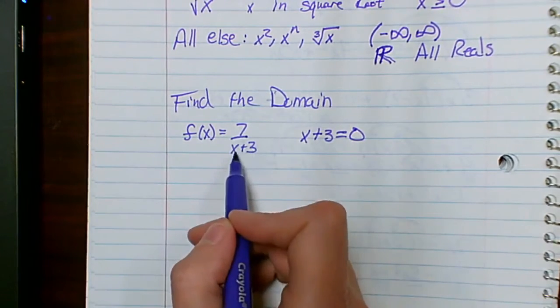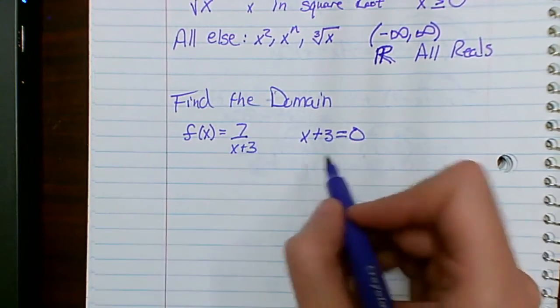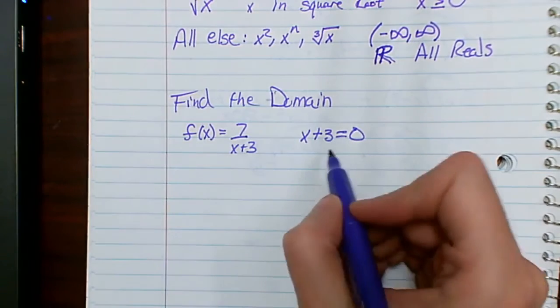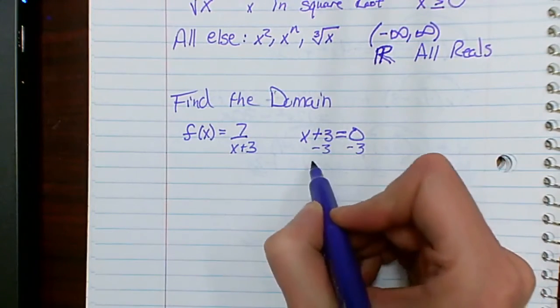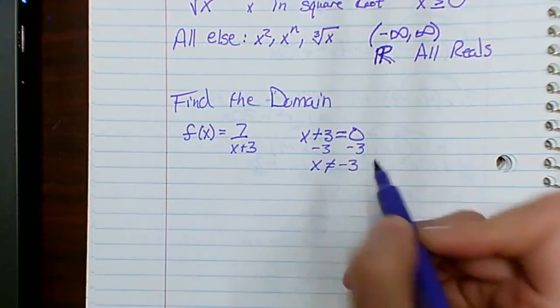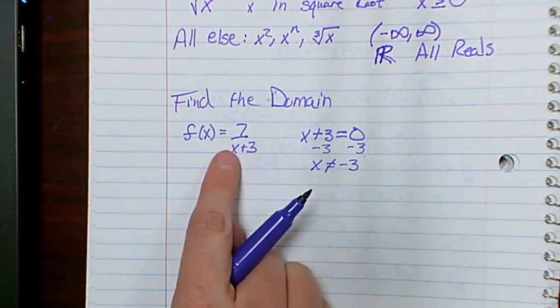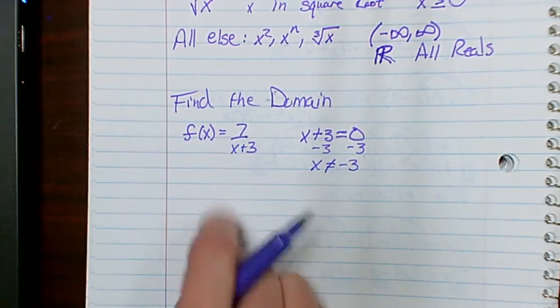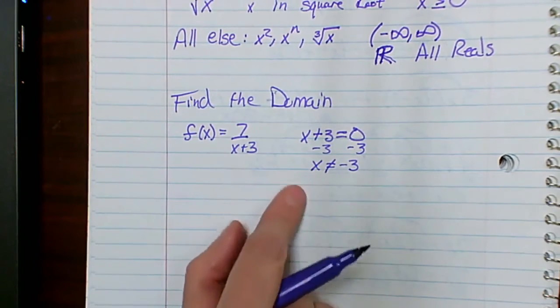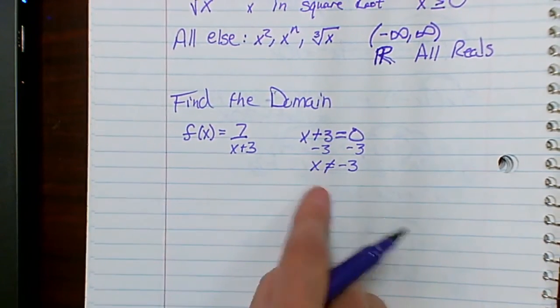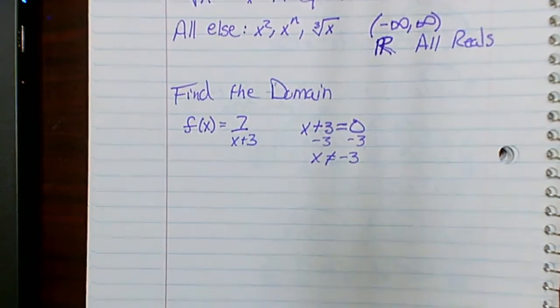You cannot take this and make it equal to 0. If we solve for x, x cannot equal negative 3. So if we plug negative 3 in for x, we do get that 0, which would make that undefined. So our domain is all real numbers except x can't equal negative 3.